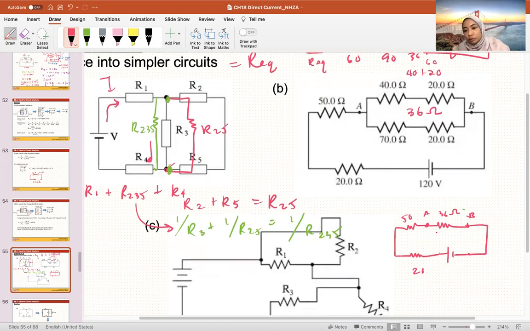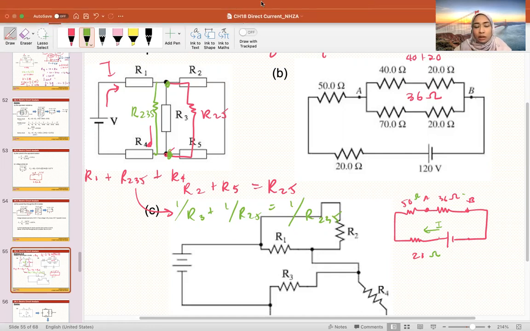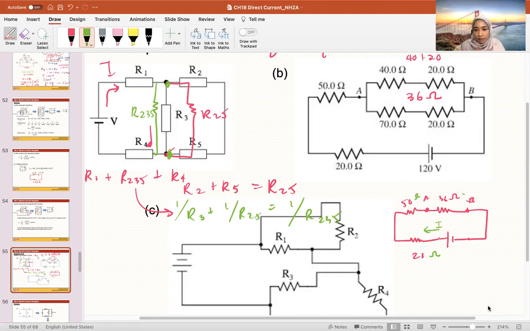To find my total I, which is the I flowing through the whole circuit, I need to find the total R. Okay, so now I'm going to ask another person to help me find the total R. This is the easiest question among them. Let's ask Najwa. Okay, Najwa, what is the R that I need to use to find the total I?